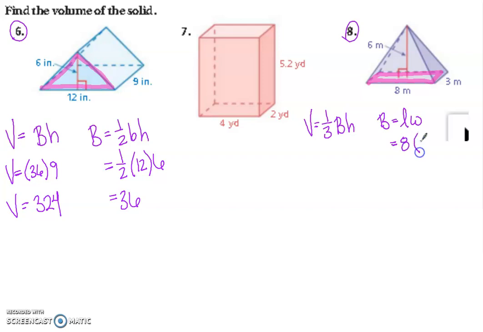Length is 8, width is 3, so the area of the base is 24. Now I'll substitute 1/3 the area of the base, which we just found, times the height of the pyramid. 1/3 of 6 is 2, and 2 times 24 is 48.